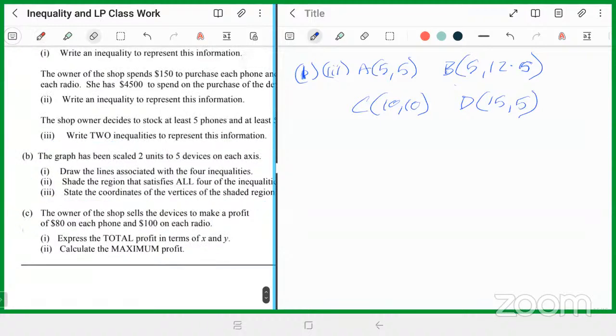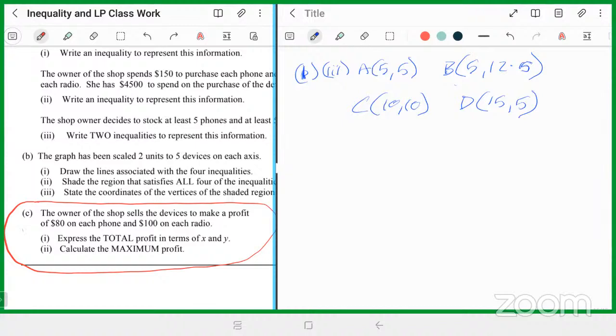Part C now says, the owner of the shop sells the devices, meaning the radios and the phones, to make a profit of $80 on each phone, and $100 on each radio.